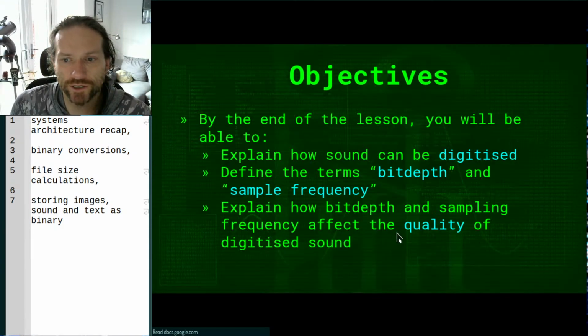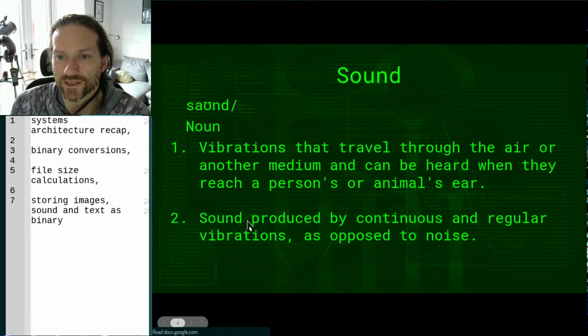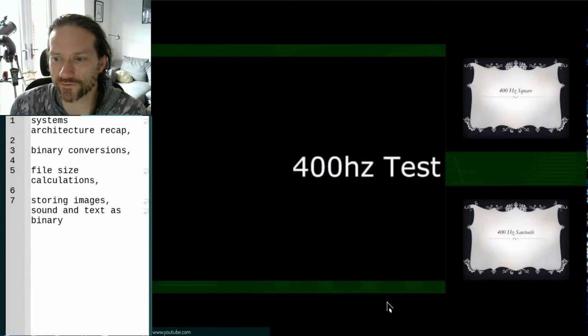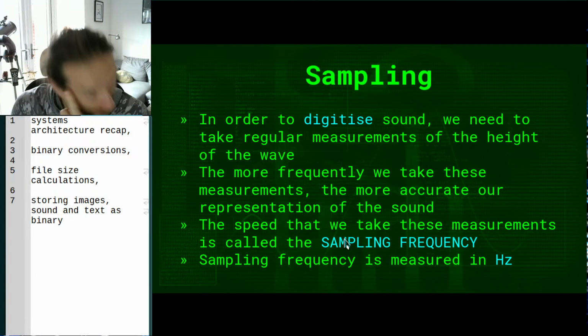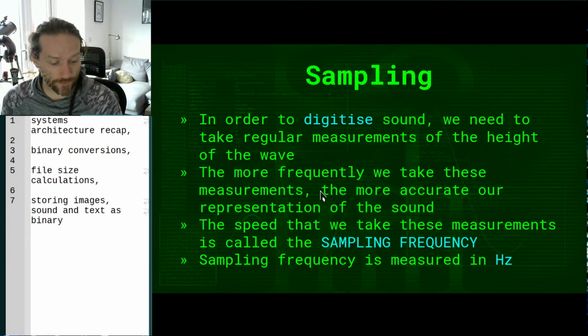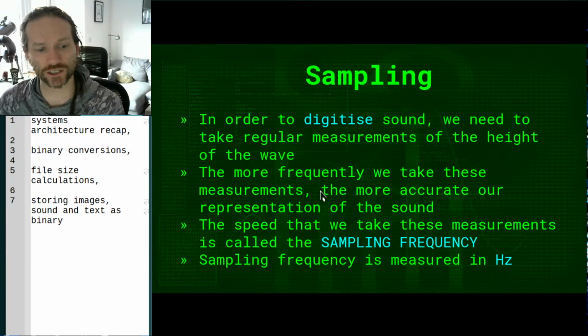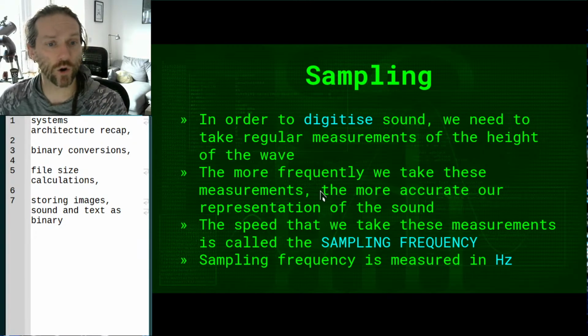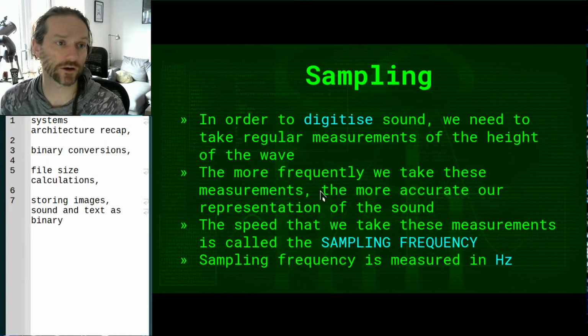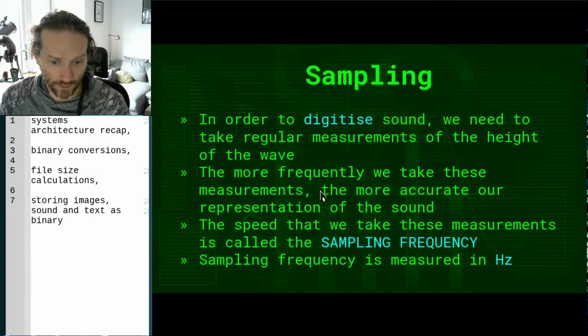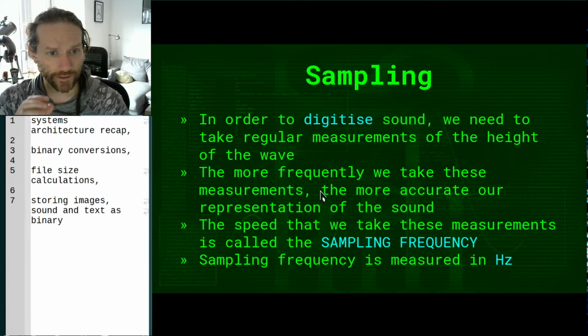Should we talk about digital audio? I'm going to skip past some of this stuff because you know what sound is and you know what sine waves are, and we're not watching those annoying videos. But one thing that you need to understand about digital audio is that it uses these things called samples. A sample in digital audio is roughly equivalent to a pixel in a digital image or a character in a text file. So when you record sound, you take regular measurements of the height of the wave.